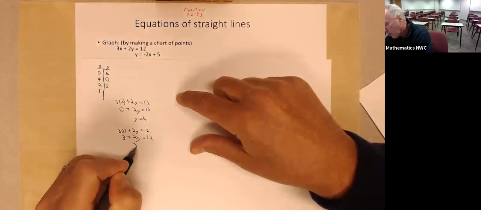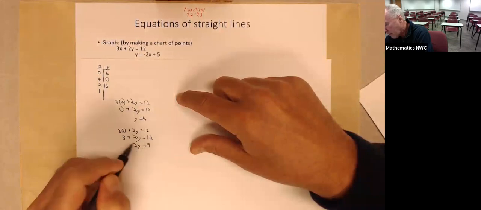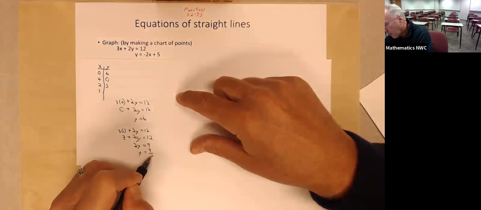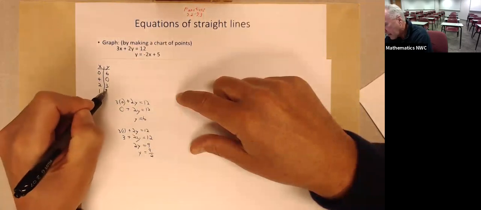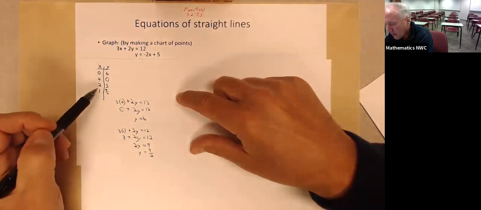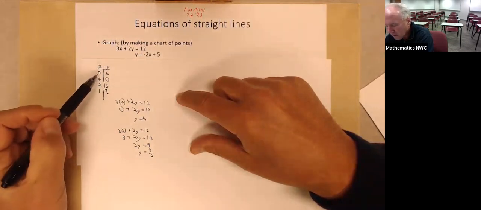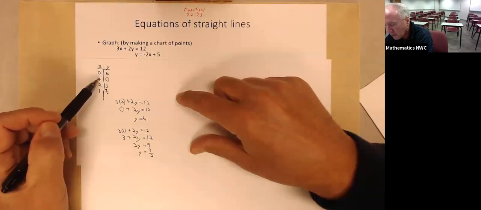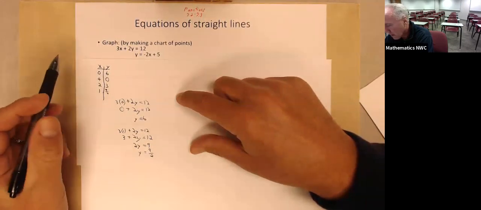Bring the 3 over, it would leave 9. Y would be 9 halves, a fraction. And that can happen. As you do more of these, you would get more skilled at choosing integers for X or for Y so that the result would also produce an integer.